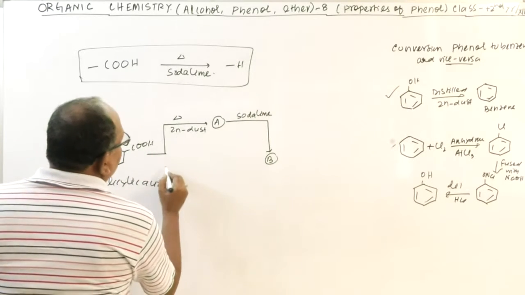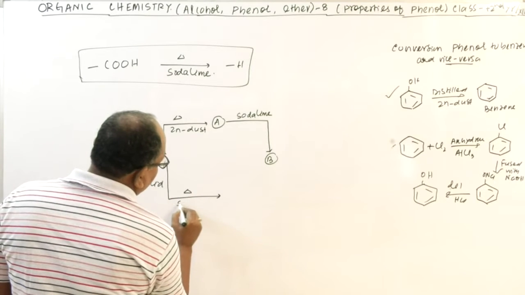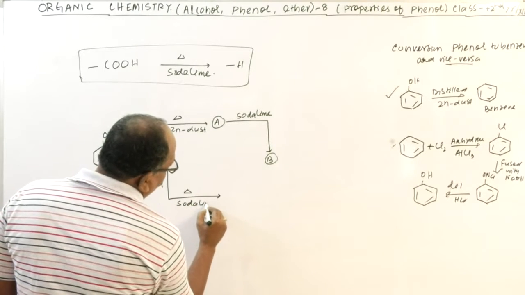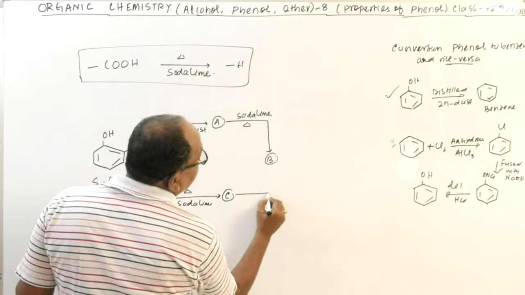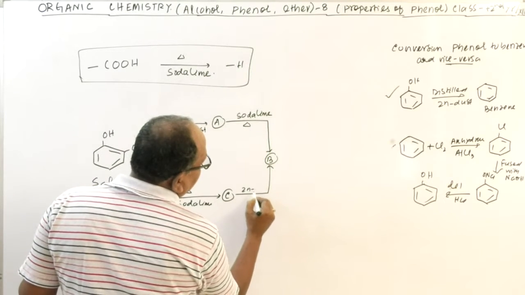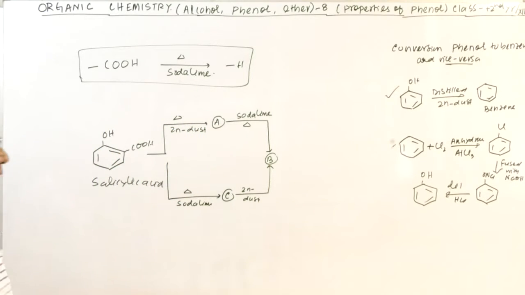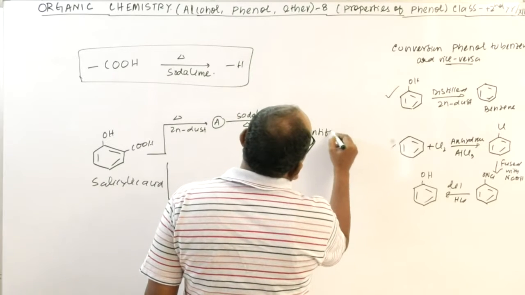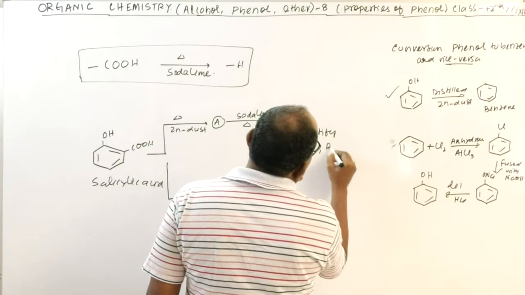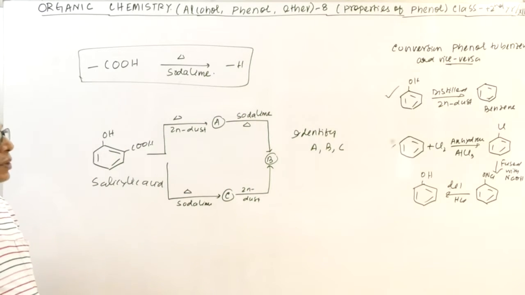Again, if this compound is first heated with soda lime, it gives C. C heated with what? Zinc dust. It gives the same compound B. Identify A, B, C. So what is A?